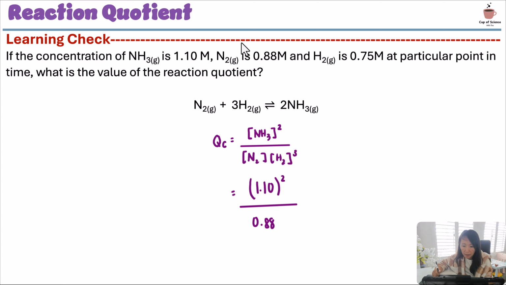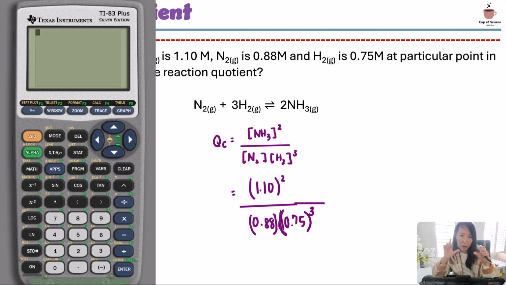Then we have 0.88 molarity, and then we have 0.75 to the third power. So let's plug this into the calculator very carefully, utilizing some parentheses.